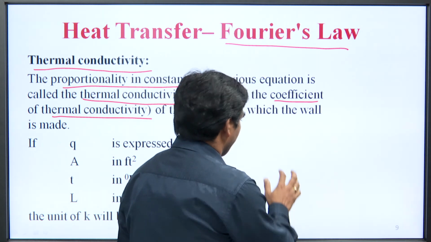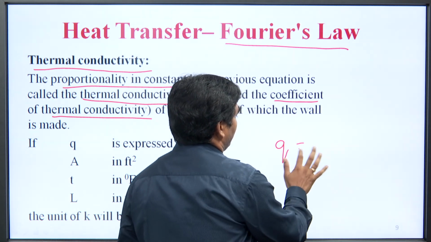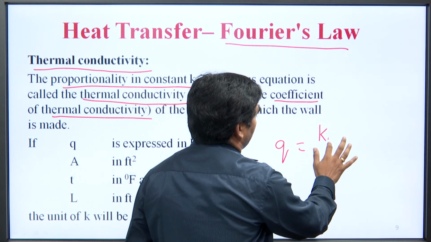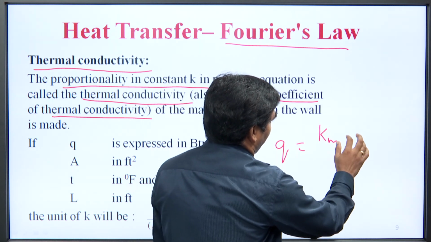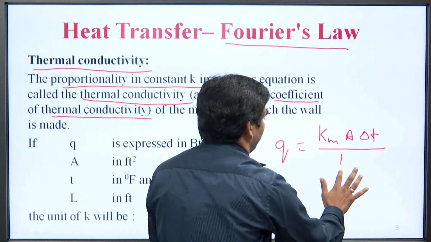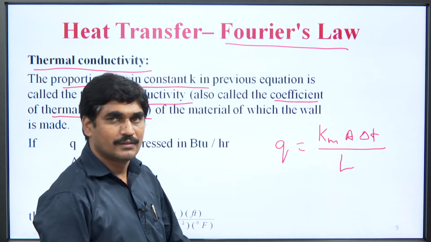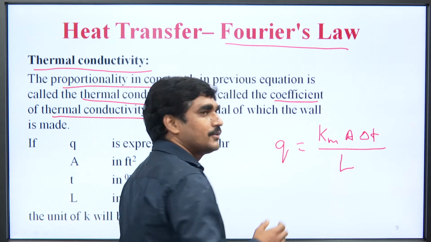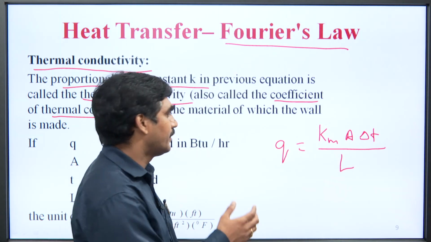What was the equation? Q is equal to Km A delta T upon L. This was the actual equation derived by Fourier's law.